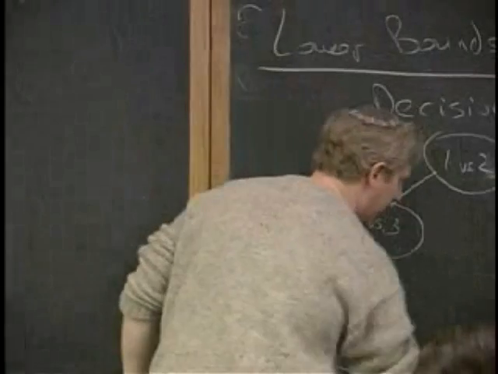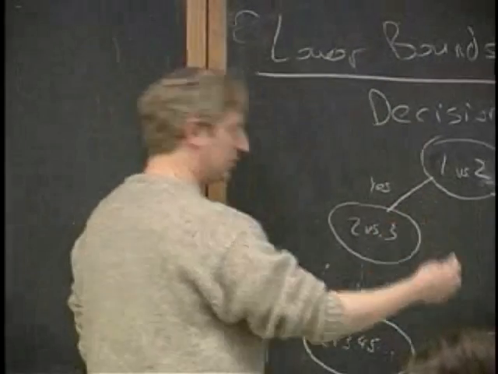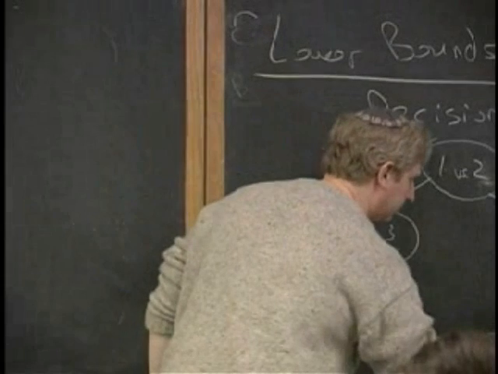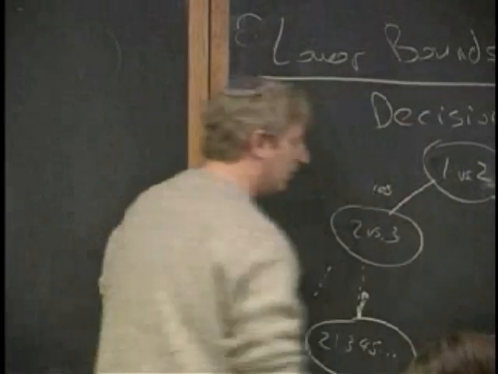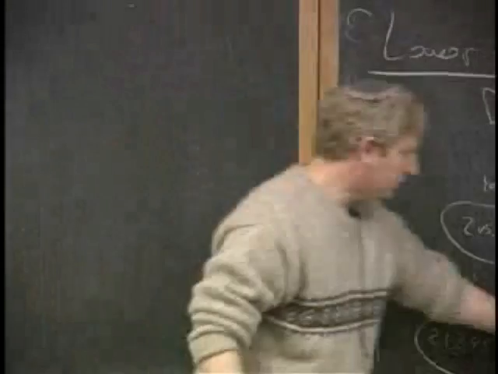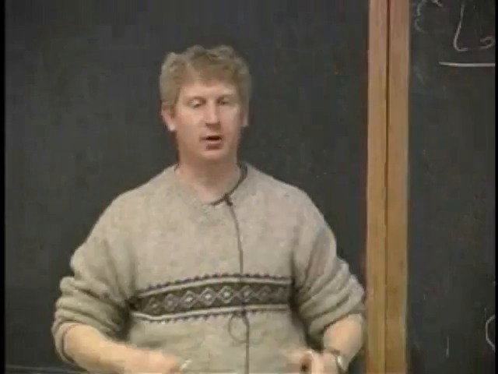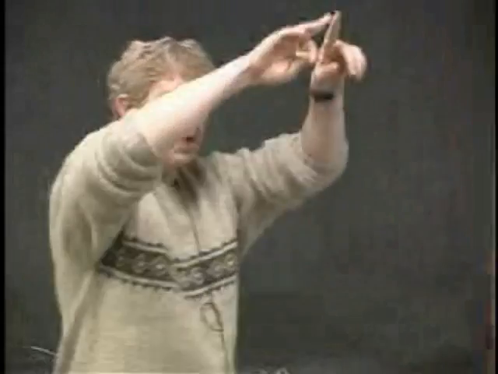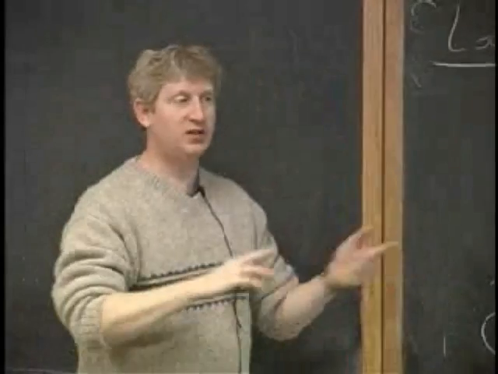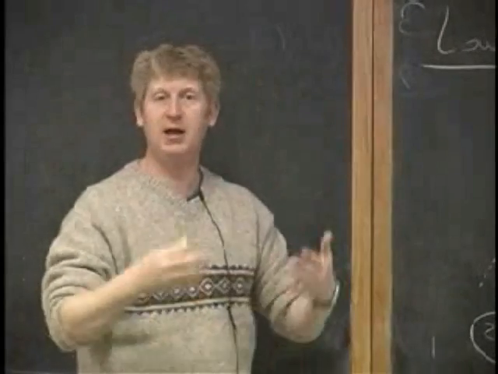Maybe some other leaf might be the whole thing was in reverse order. So this reverses it. This represents what I do to the input to make it sorted. Depending on the sequence of comparisons you make, when you're all done, there will have been some permutation of the array made.